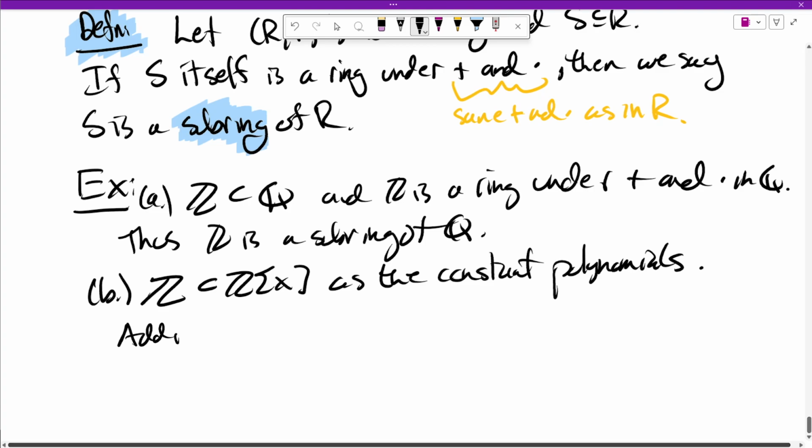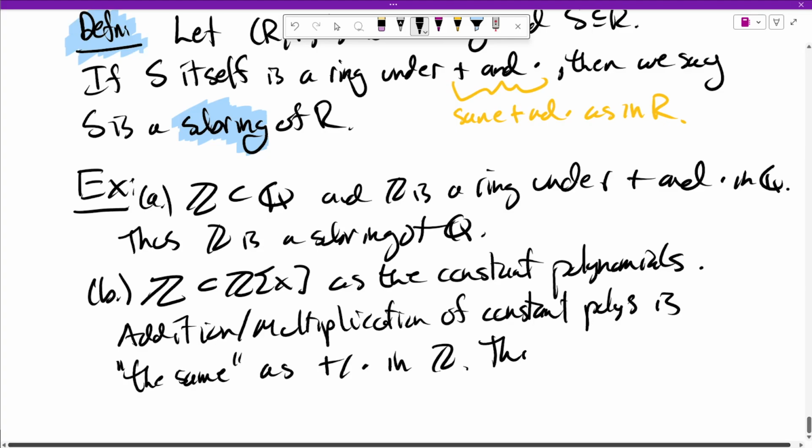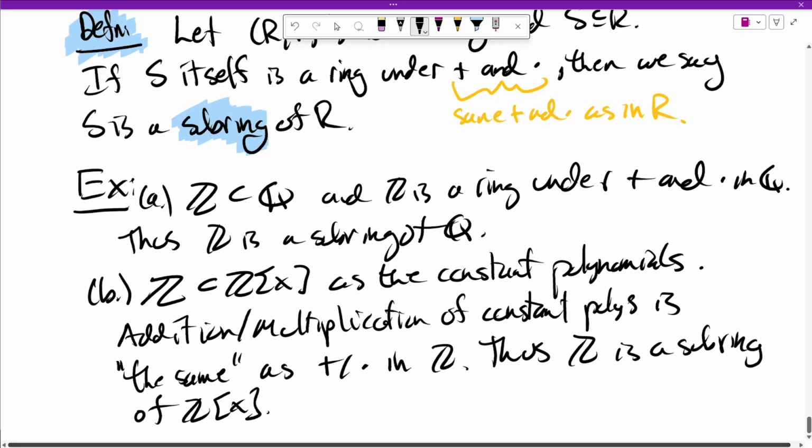Addition of constant polynomials and multiplication of constant polynomials is the same as addition and multiplication of integers, for some meaning of the word "the same." It's effectively the same as plus and dot in Z. Thus, Z is a subring of Z adjoin X. Fantastic.